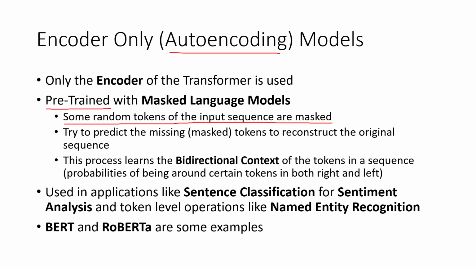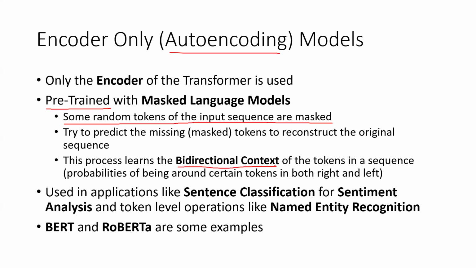The learned context with this encoder is known as the bidirectional context. That means these encoder-only models learn in both ways, not only left to right or right to left, but how the structure is there in the sequence in both directions.